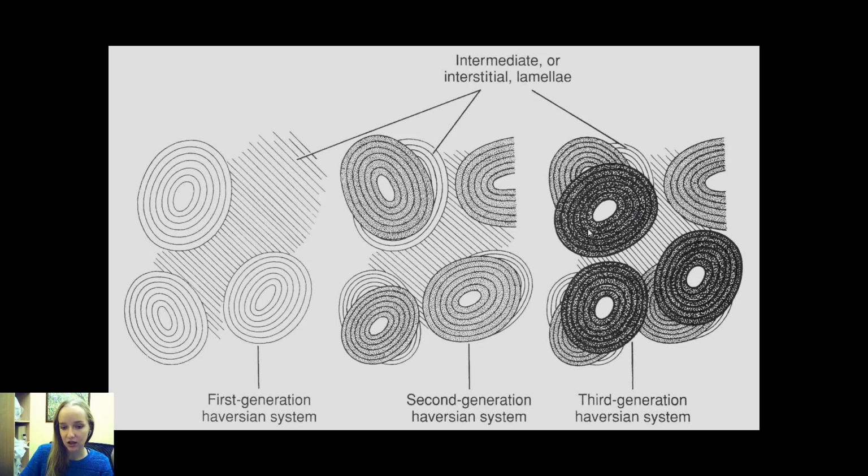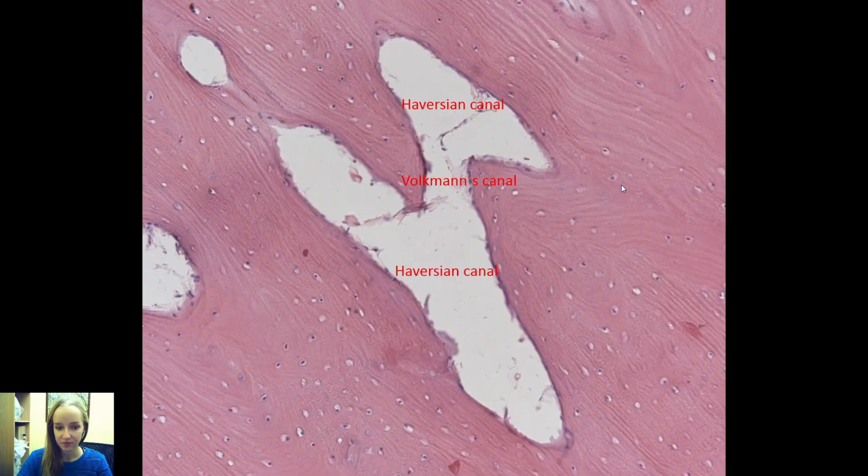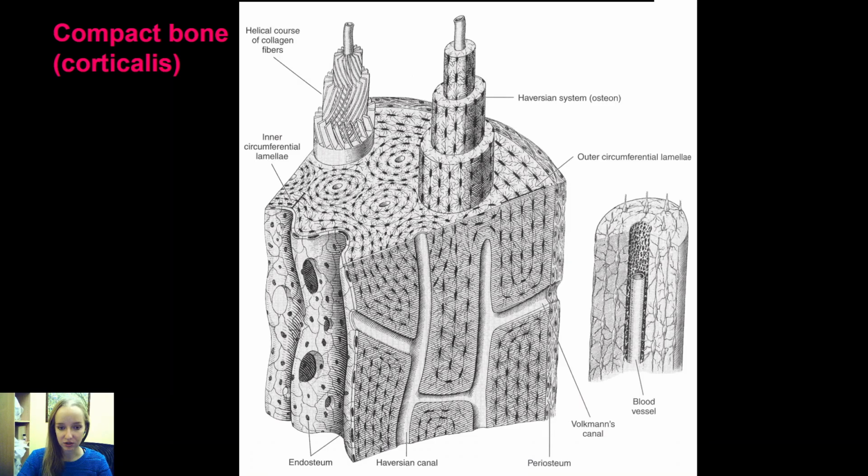You're able to see only the newly formed Haversian systems in the bones, because they are going above each other. Because of that, sometimes you can see only those parallelly arranged lamellae somewhere here, and you're not able to see the whole system there. So there are many, many generations right here, and that is really how compact bone looks.